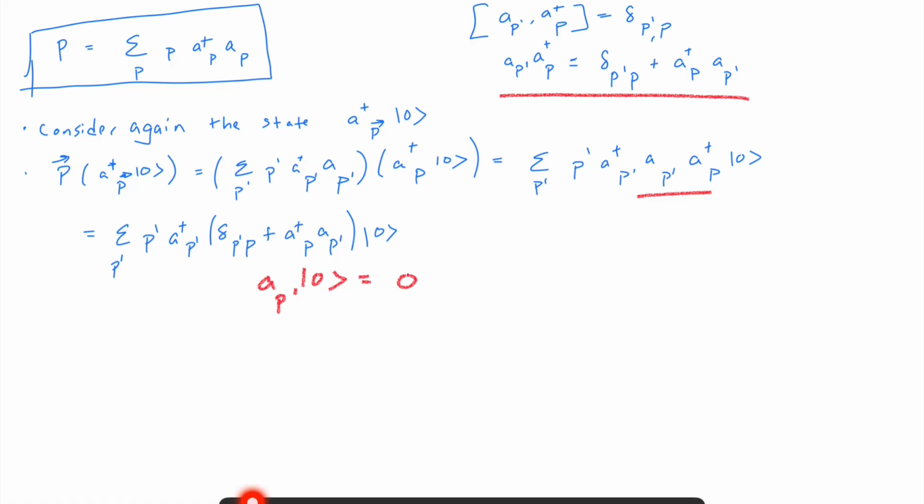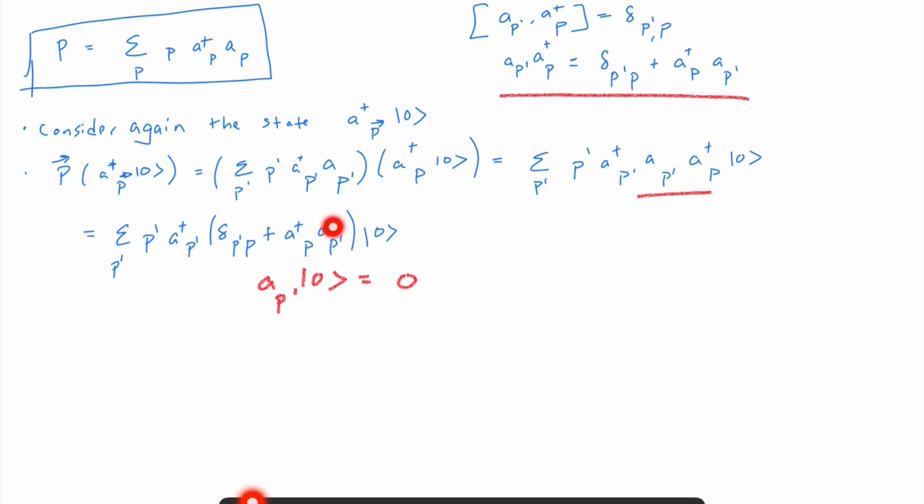Now, if you remember, if I expand this out, ignoring the first term for a second, at the end of this whole string of things I'm going to have, no matter what, A p, non-daggered, acting on the ground state. And we argued that that always has to equal 0.